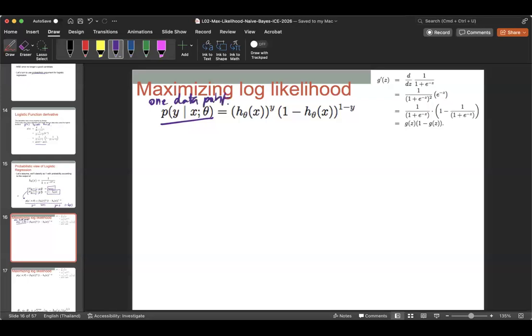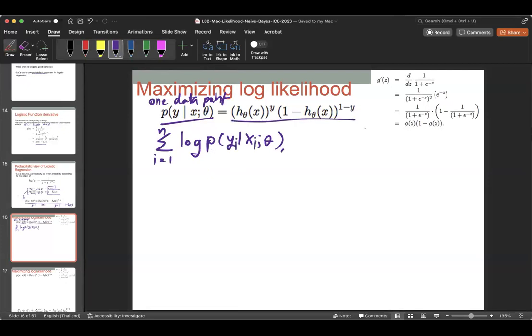If we have multiple data points and we take the log, we get the sum of the log from 1 to n of p(y given x, theta). Let me put some i here and take the log of this.